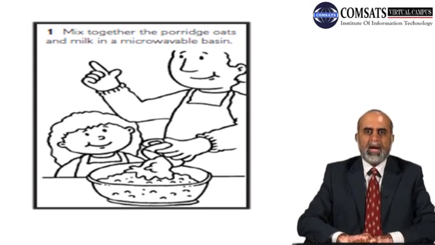If you look at this instruction, it starts with a verb, the action verb mix, right? And this is an imperative. An imperative sentence starts with a verb. It doesn't start with a subject.